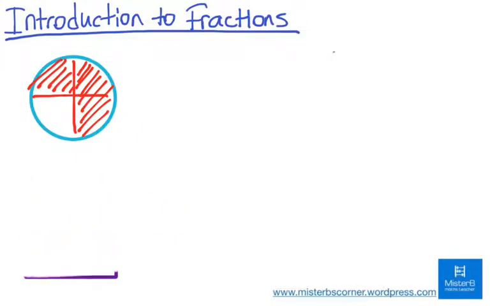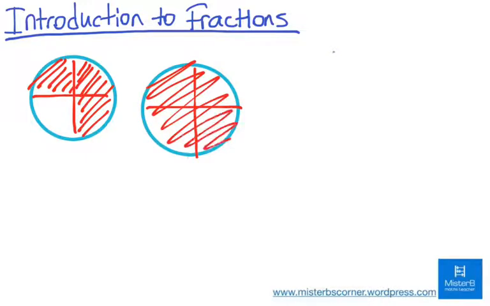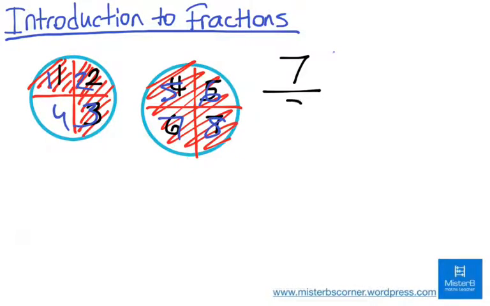Now, if I have another whole, and let's have 4 pieces of that, and this will be fully shaded, right? Now this fraction will be 1, 2, 3, 4, 5, 6, 7 over, well, there are 1, 2, 3, 4, 5, 6, 7, 8 pieces, so it's going to be 7/8.